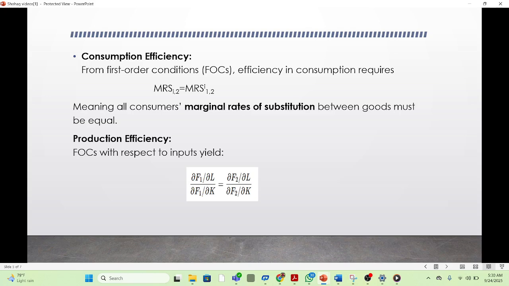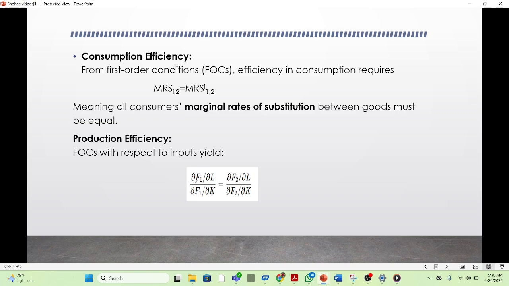Good Y equals G of Ly, Ky, with labor and capital allocated to Y. The MRTS, marginal rate of technical substitution, of both goods must be equal.